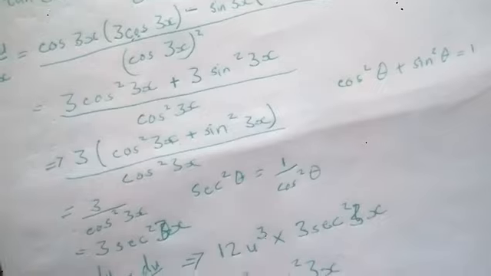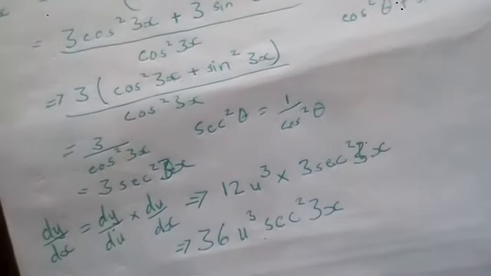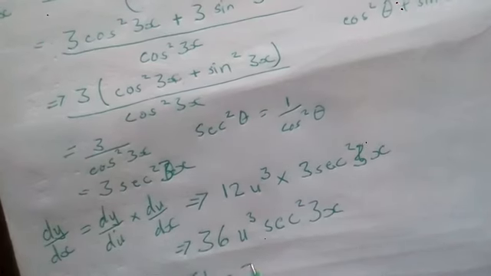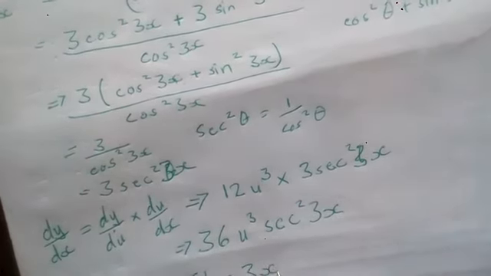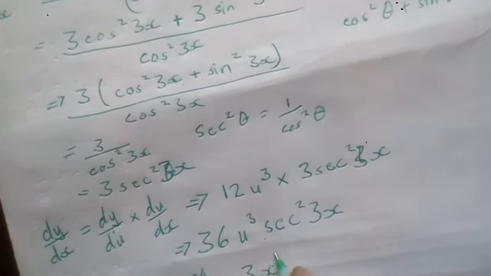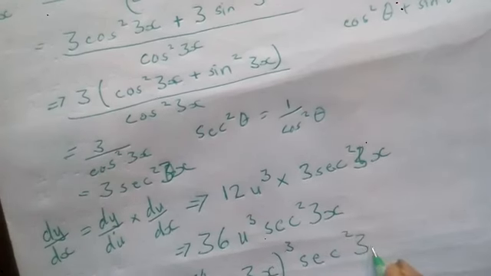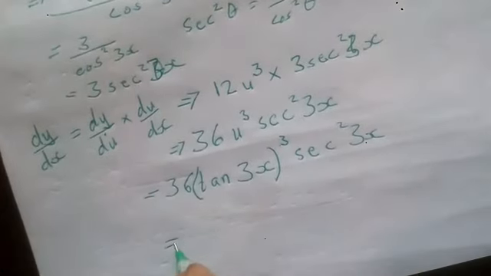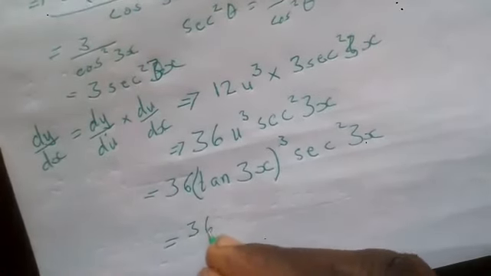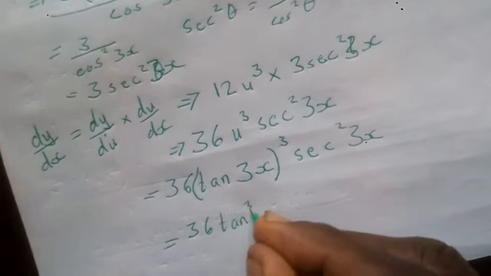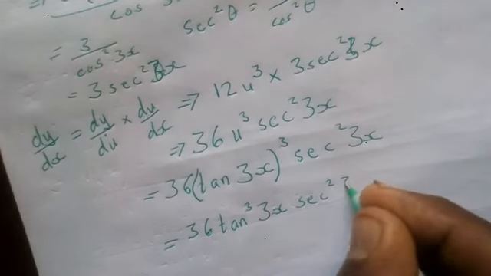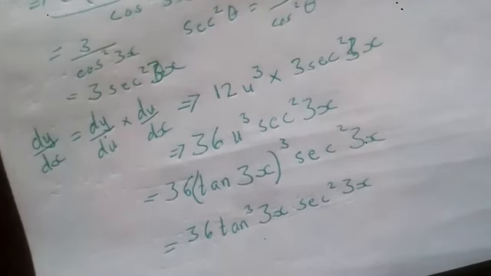So it will be equal to 36 tan cubed 3x sec squared 3x. Now this is the answer.